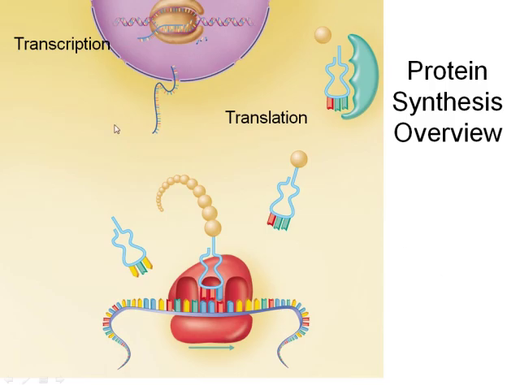So just to review a little bit, transcription occurs in the nucleus. We make messenger RNA against the DNA. The messenger RNA, once it's edited, leaves the nucleus through a nuclear pore so it can be translated. The ribosomal RNA helps the ribosome attach to the appropriate spot on the messenger RNA.